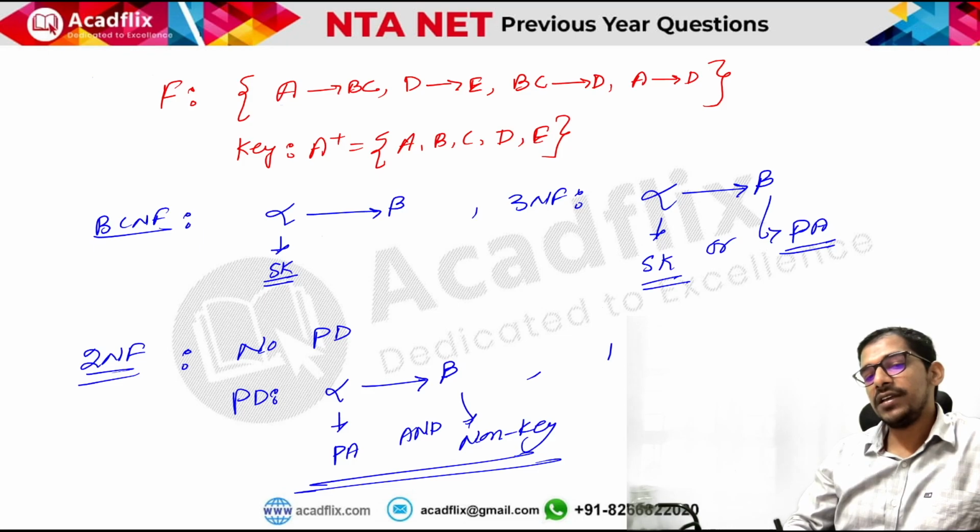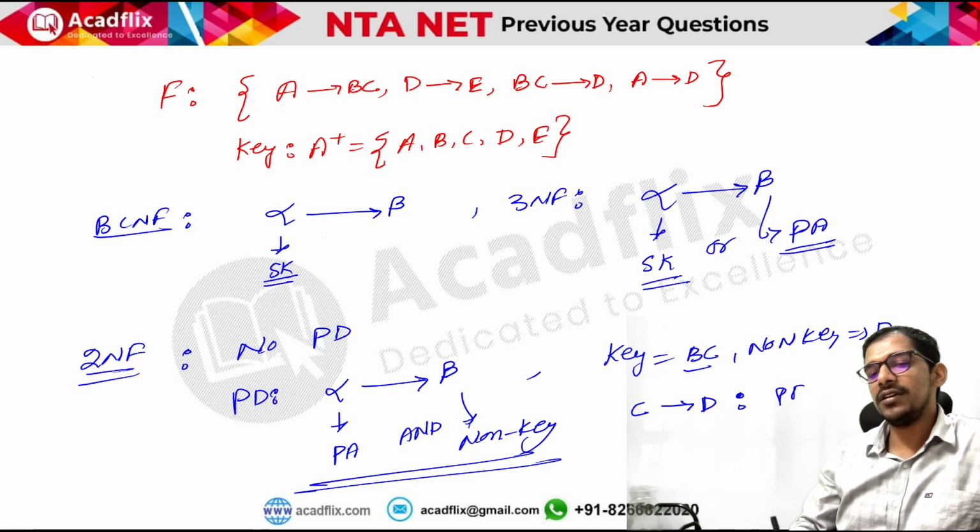For example, let us say in a relation the key is BC and the non-key attribute is D. If we have C tends to D, this functional dependency is called a partial dependency, because C is a prime attribute, C is a proper subset of the key, and D is a non-key. So a proper subset of a candidate key implying a non-key attribute is called a partial dependency.